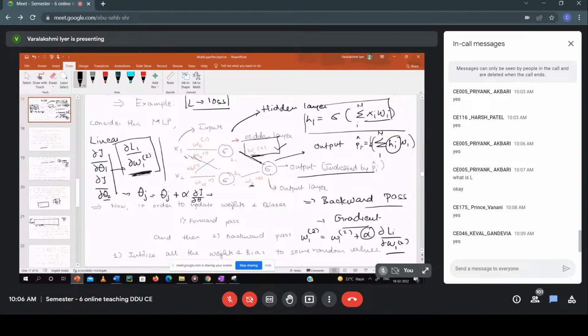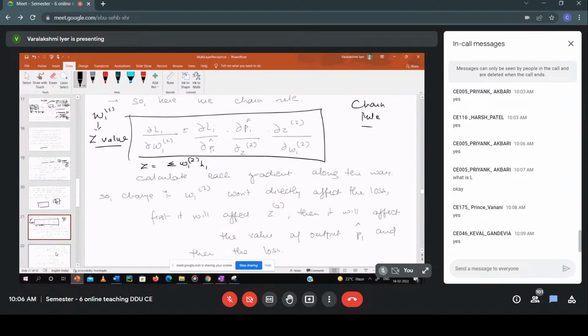By Z I mean the weighted sum of all the inputs. So if you make changes in w12, that will impact the value of Z1, and the Z1 value will later impact the output value, which is your y hat, and that y hat will impact your loss value. Yes or no? Are you getting this chain of connection? Yes, is it clear?